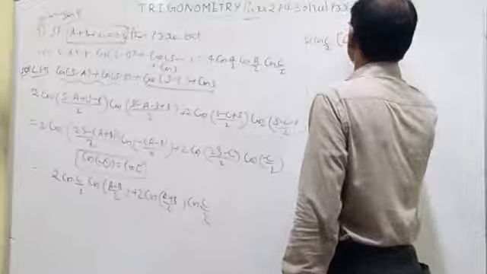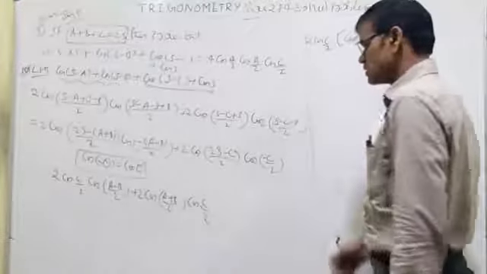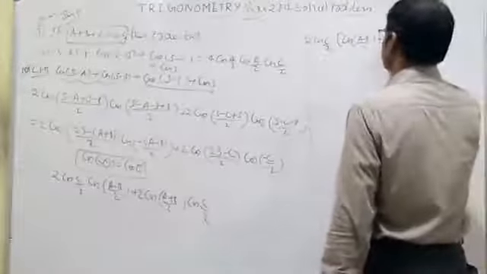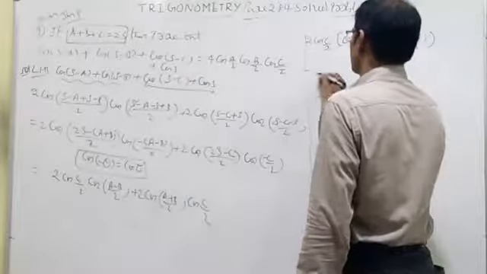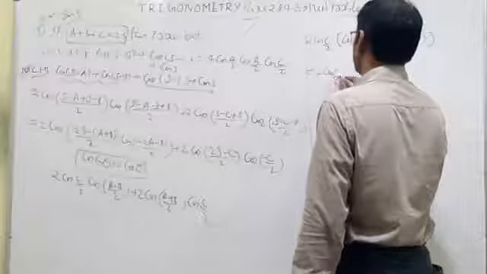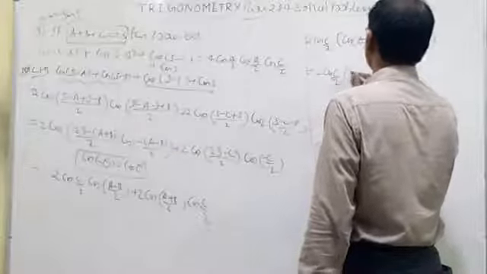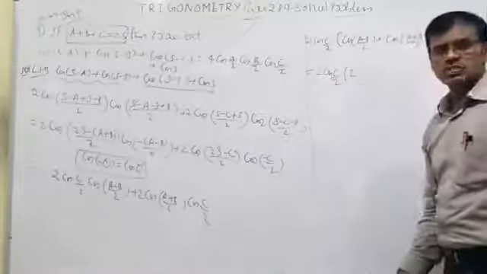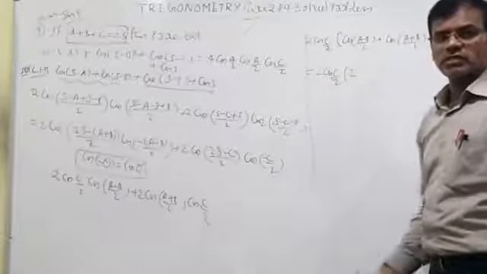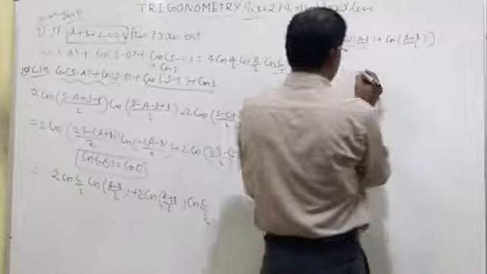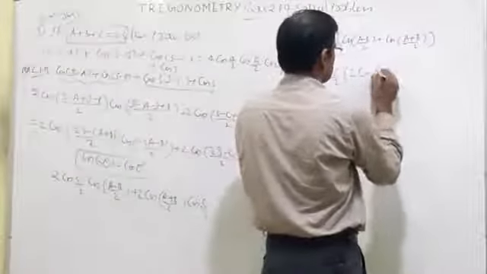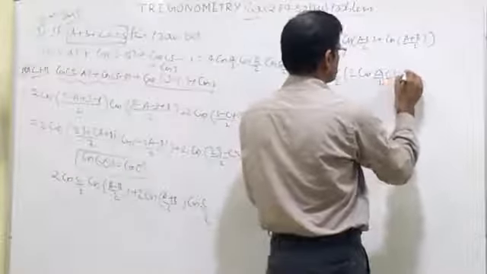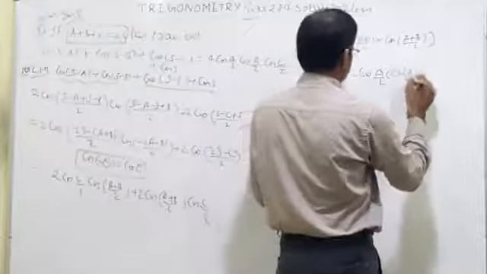So within brackets you are getting cos of (A minus B) by 2 plus cos of (A plus B) by 2. That is equal to 2 cos C by 2 into, we know the formula, cos (A plus B) plus cos (A minus B) becomes 2 cos A cos B. So whenever multiple or submultiple angles are there, you can write here 2 cos A by 2 cos B by 2.